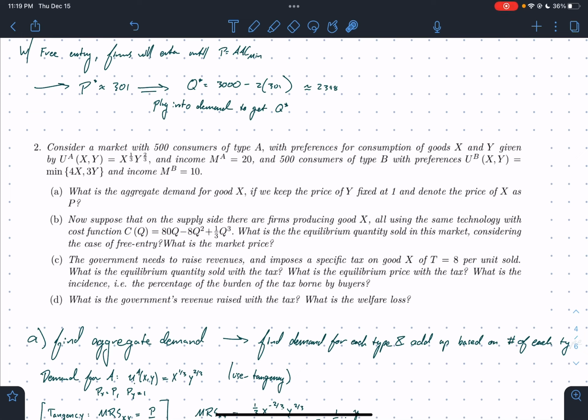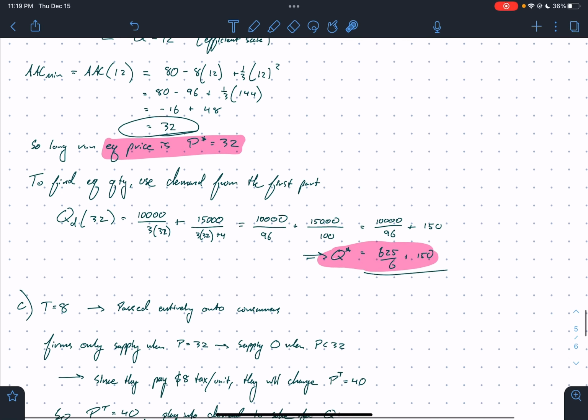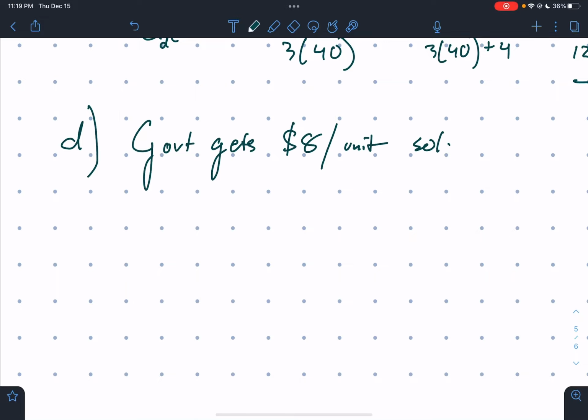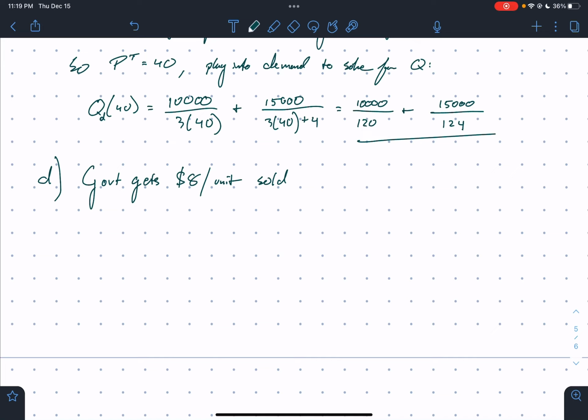Now, finally, just for part D, look at government revenue. So they get $8 per unit sold, and QT equals 10,000 over 120 plus 15,000 over 124 units are sold.